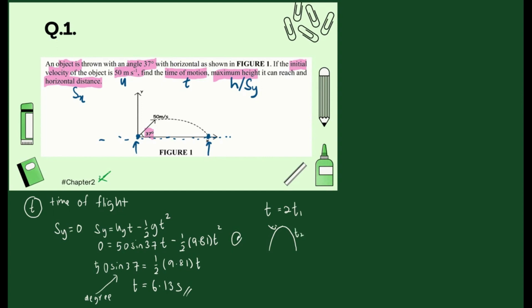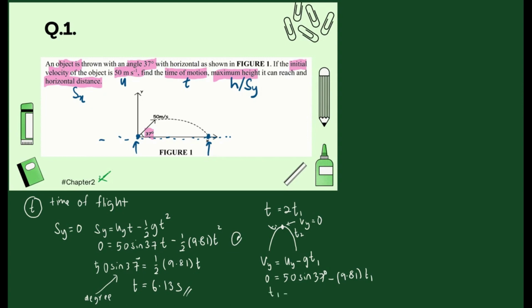So how to solve this? We apply the equation Vy is equal to Uy minus G T1. At maximum height, our Vy is equal to 0. Then we have 0 equals 50 sine 37 minus 9.81 T1.